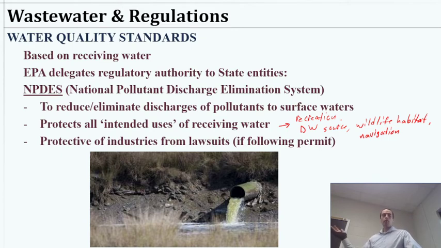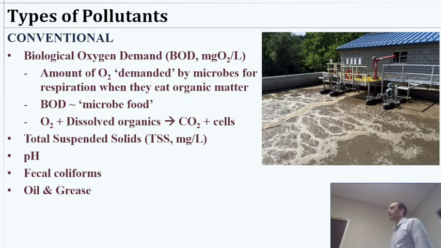And the state has the authority to come in and inspect all that. And then you're protected, assuming you are complying, right? So then that industry can't be sued by the average Joe who thinks that the discharge harmed them. They could sue the EPA for that potentially, but not the industry directly. So it's protective in that sense.